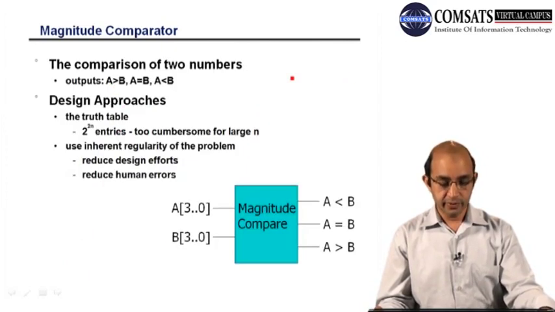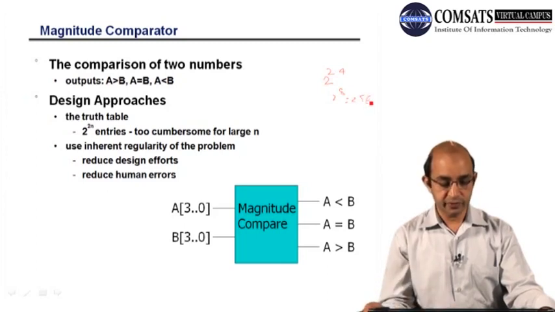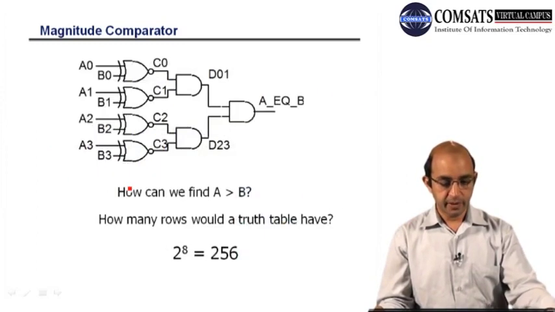How many different combinations do we have to check? With two 4-bit numbers, 2 raised to the power 8, 256 different combinations to verify for the comparison. So this is not a feasible approach.